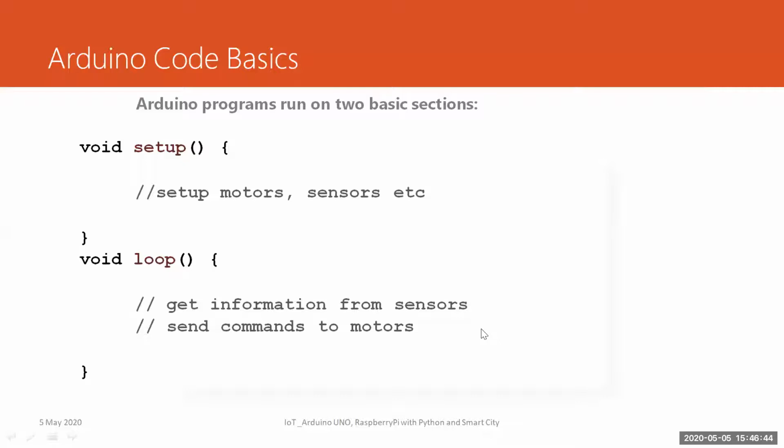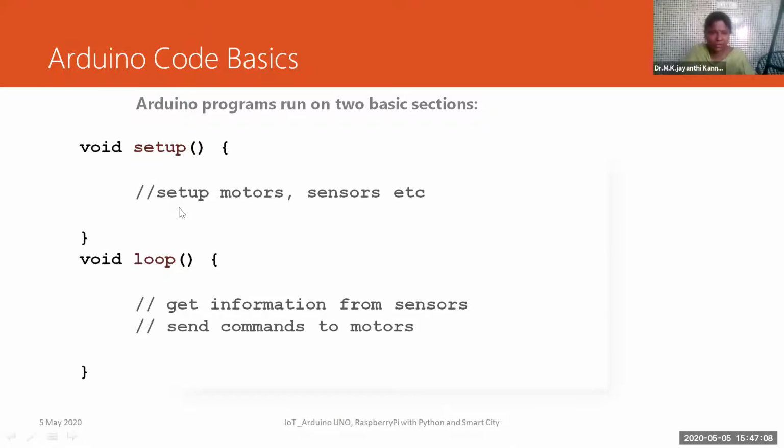Okay, next, after the three main commands we are using, Arduino programs run on two basic function sections. We already discussed we have two main functions: the setup function and the loop function. The commands written within the setup function will be executed once. We can set up the motor or we can set up the sensor.